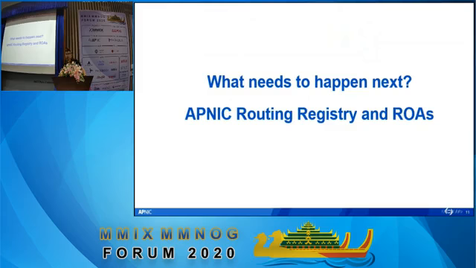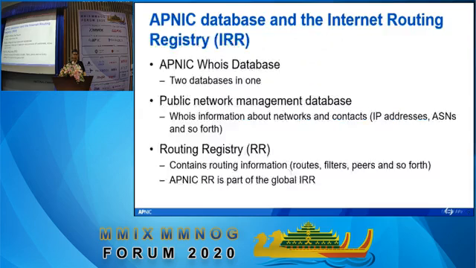Okay, so what happens next? Assuming that you have transferred some IPv4 addresses into your account, I'm going to talk to you about the APNIC WHOIS database and the routing registries. As you all know, we have a database called the APNIC WHOIS database, and this database acts as two databases in one.